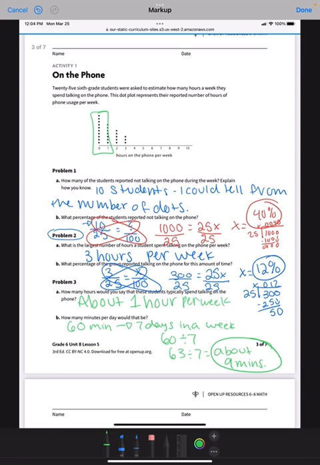I'm sorry, per day. Because for the entire week, we spent 1 hour on the phone, so we split the 1 hour in minutes, which is 60, amongst the 7 days. So if you want to actually do 60 divided by 7 and really figure out specifically, you can, but I just estimated. So about 9 minutes per day.